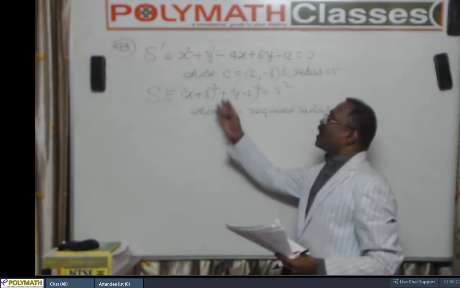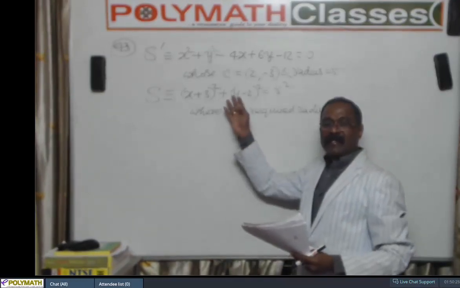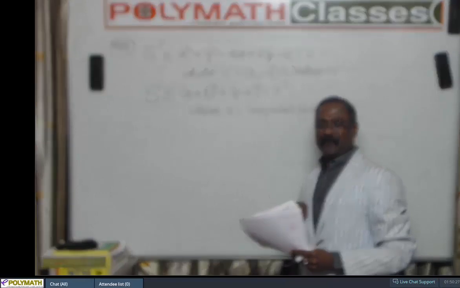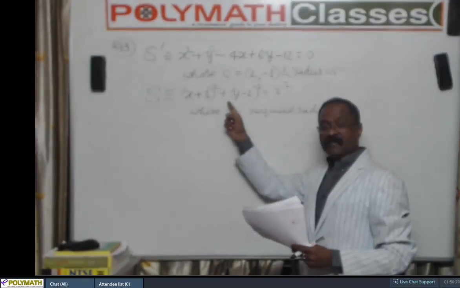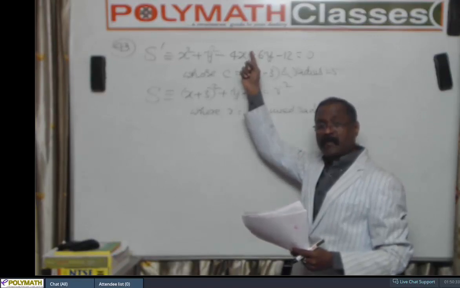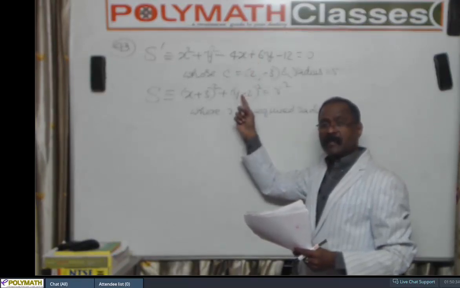And the chord of this circle is the diameter of that circle, or the diameter of this circle is the chord of this circle.